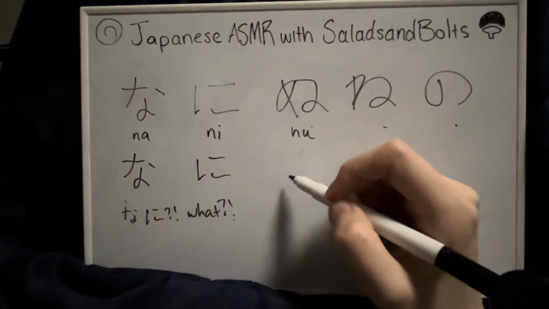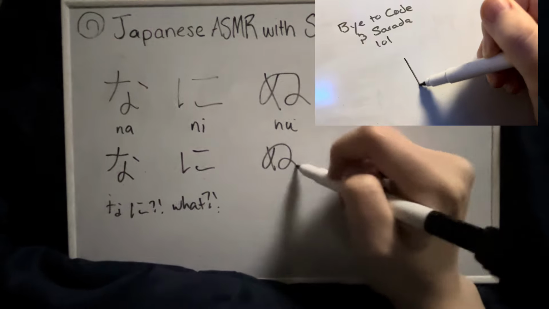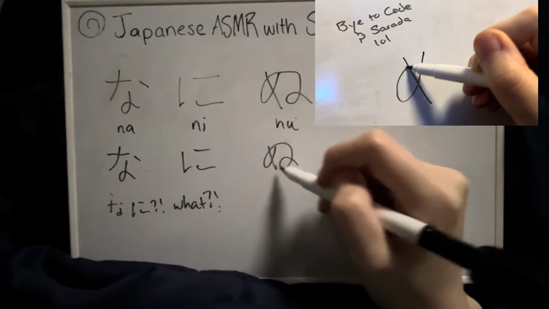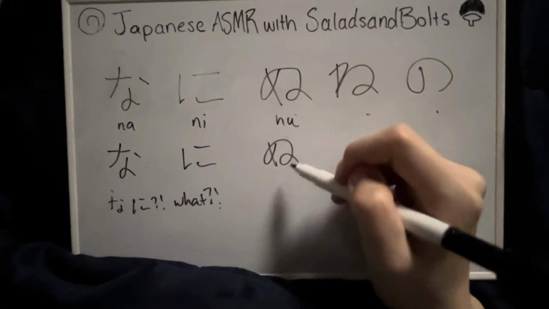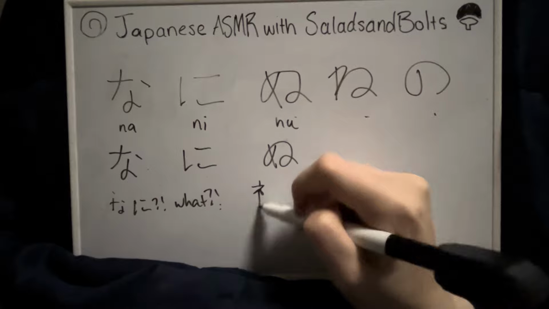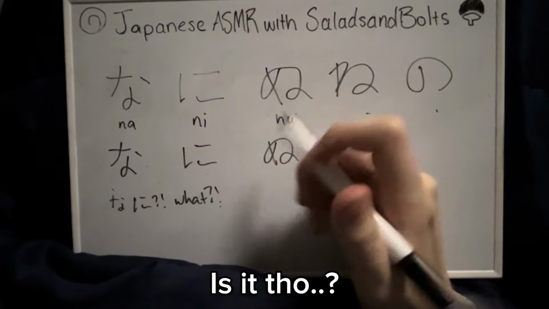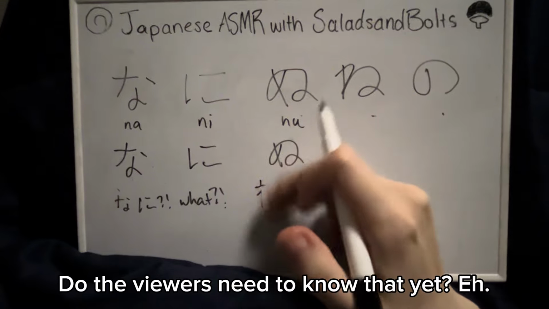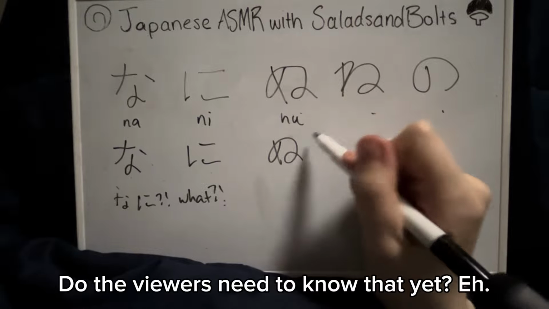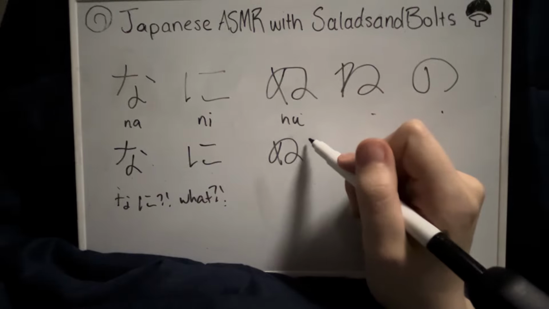Next is the character nu. Nu looks like noodles. It's like a swoop. It's written in katakana a lot more, and you also see this as part of kanji. It's like a radical. So you just don't see it in hiragana very often.